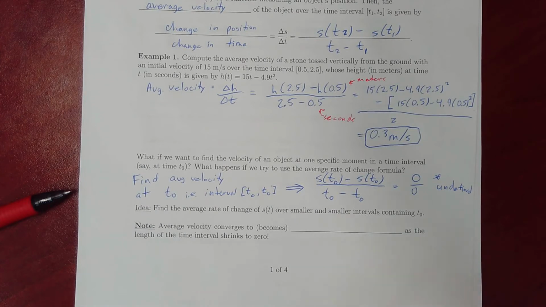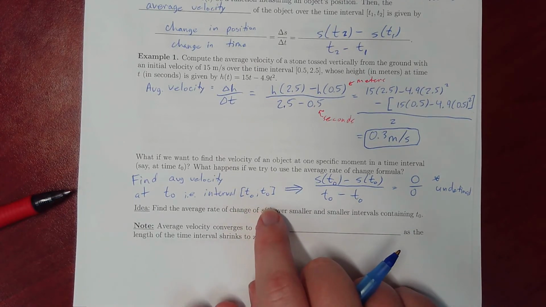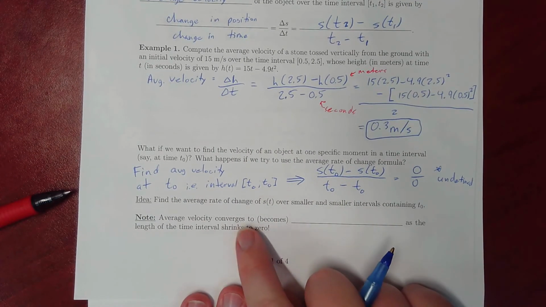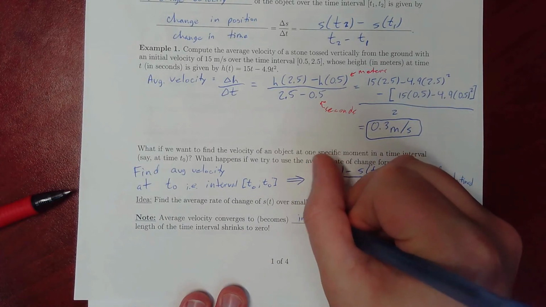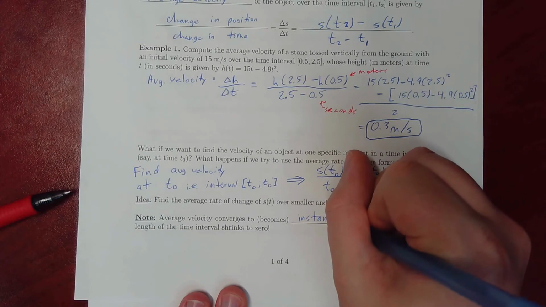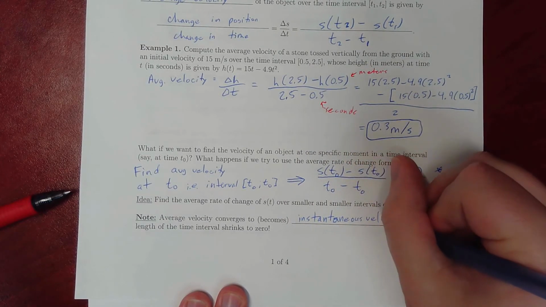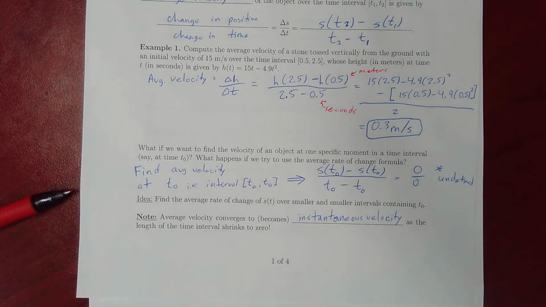So what we're going to do is find average rates of change of s of t over smaller and smaller intervals that contain t naught, and try to use that to get close to that specific moment. So note that the average velocity is going to converge to, in this case becomes, the instantaneous velocity as we're shrinking our time interval closer to 0.